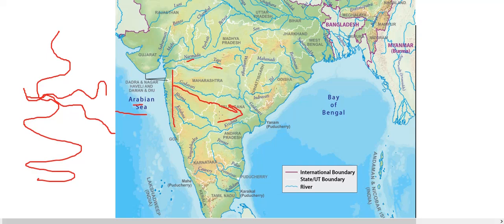We have already read this. So that tilt resulted in the flow of maximum rivers to the Bay of Bengal. Then the upheaval of the Himalayas also resulted in the formation of this kind of drainage, and this all resulted in the evolution of the peninsular drainage.